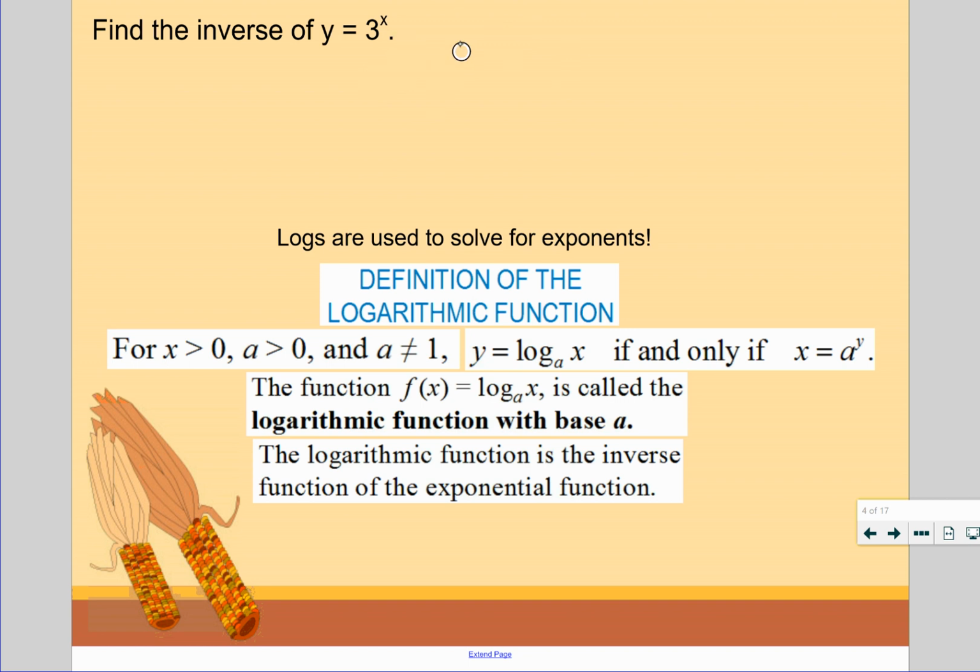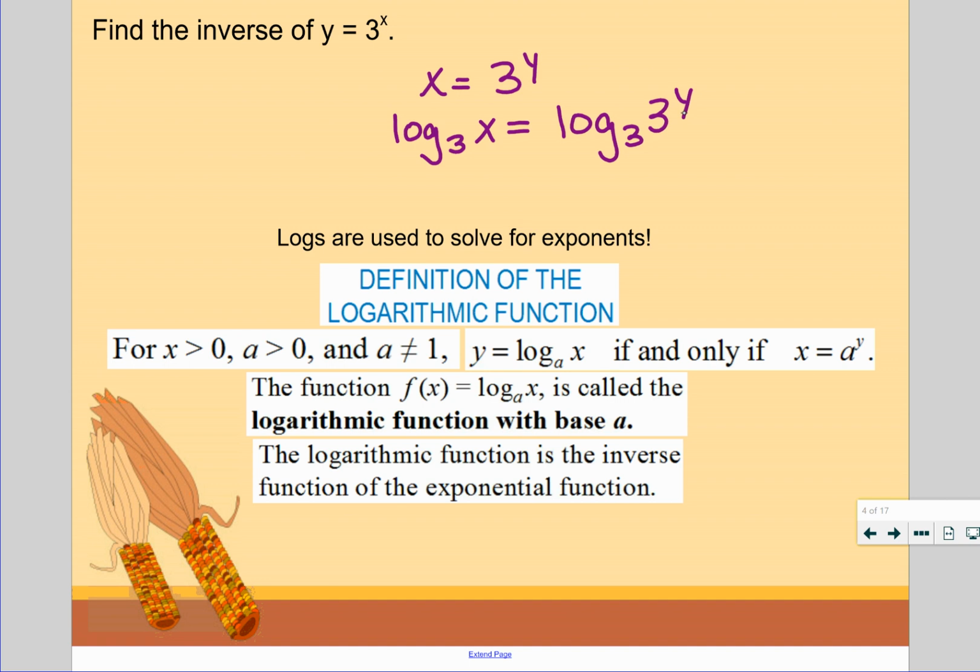So when we see x equals 3 to the y power, what we decide to do is invent, or somebody invented, this thing called a logarithmic function. And on both sides, they take the log of that base on each side. So all I did here on the left and on the right is put a log base 3. That's how I would read it. Log base 3 of x, or log base 3 of 3 to the y power.